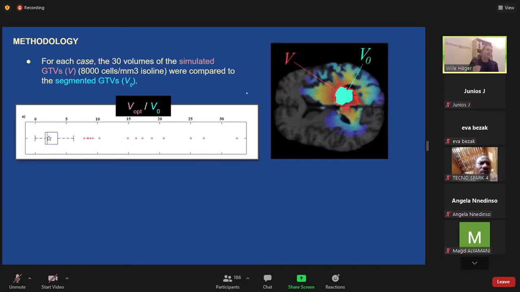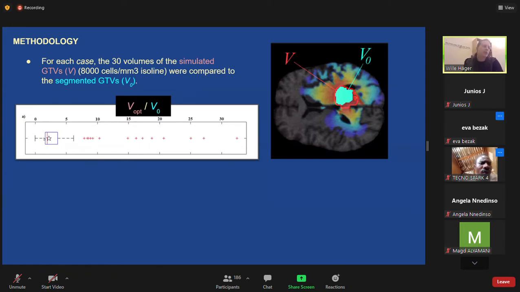So for each case, we have 30 different simulated GTVs. Notice that this is a lot to keep track of. Anyway, this is important because we took only the best ones. We looked at all the different volumes of simulated tumors and compared them to the ground truth volume. The best one we call the optimal, and this is what the distribution looks like for all cases.